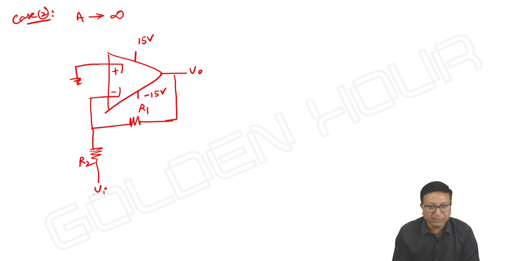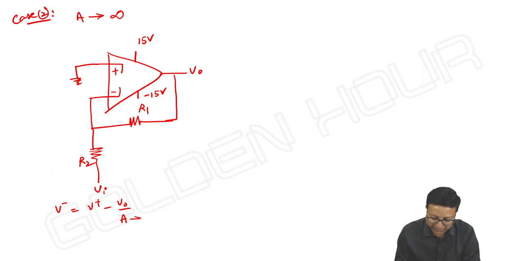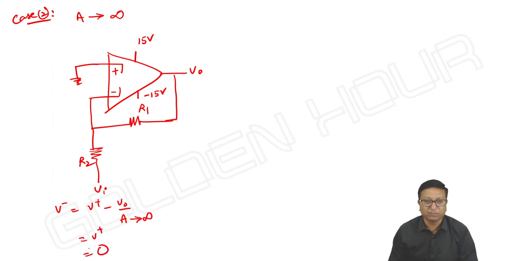As A is approaching infinity, V minus is equal to V plus minus V output by A, which gives V plus, whose value is 0.